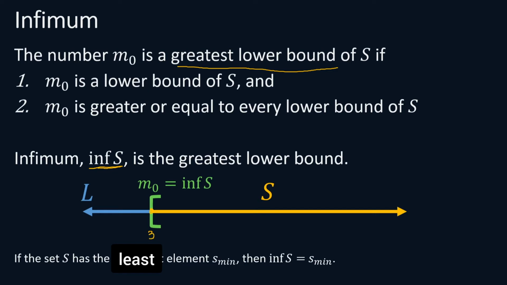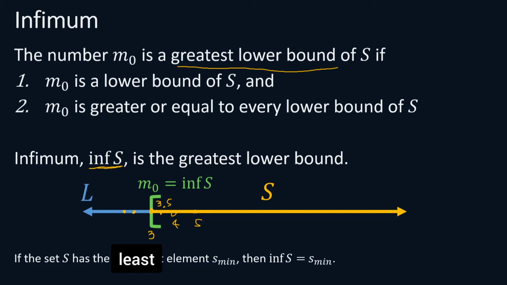For example, we have 3 as the least element, so 3 is the infimum. That means the elements of S such as 4, 3.5, say another element 5 must be greater than or equal to 3. So take note, all elements of S must be greater than or equal to the infimum.